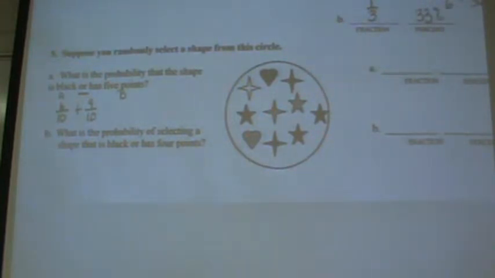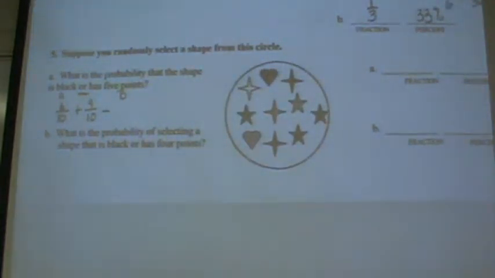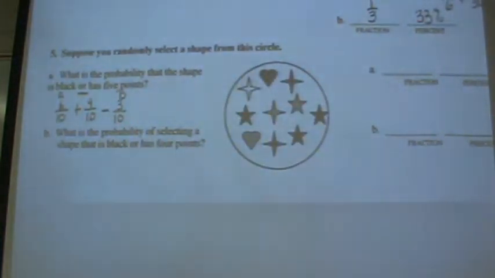Yeah. So this is going to be an inclusive problem. So we have to subtract that overlap section. We have 1, 2, 3 shapes that are black and have 5 points. So we have to subtract 3 out of 10, the probability of A and B.